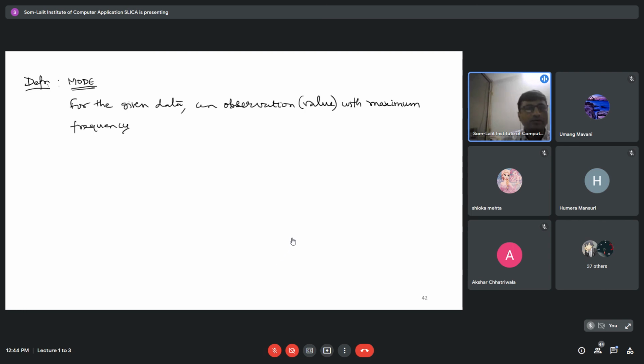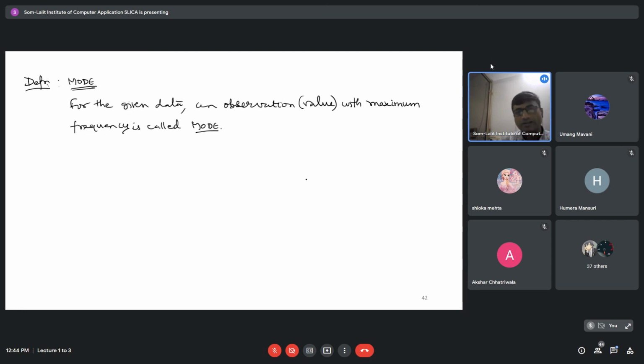An observation that occurs frequently in the set of observations is called the mode of the data. What is mode? That is an observation that has the highest frequency.